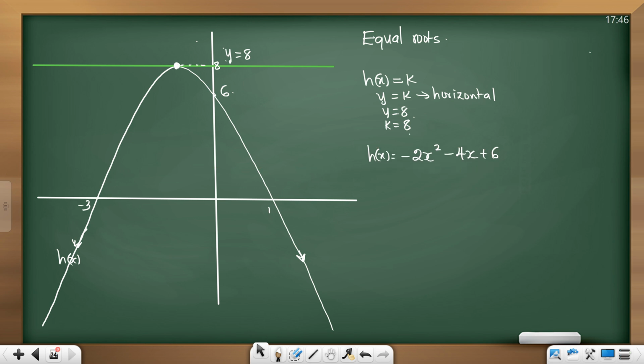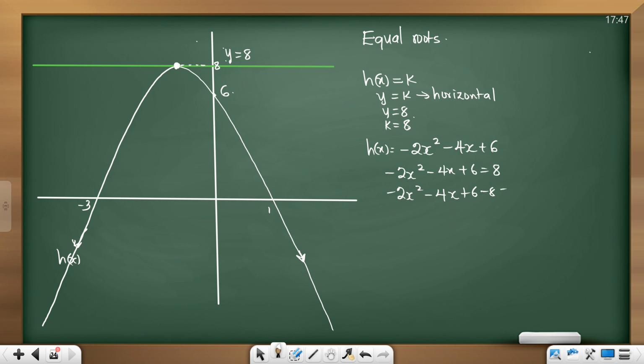Let's equate this to 8 and find out what we are going to get. Negative 2x squared minus 4x plus 6 equals 8. I want you to see your x values so that you understand what I'm trying to say. Negative 2x squared minus 4x minus 2.